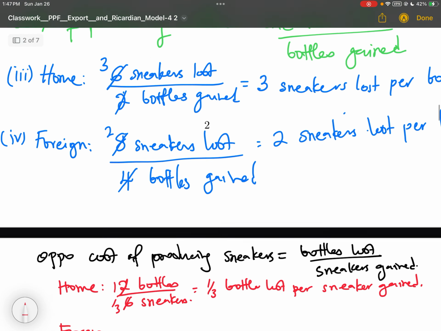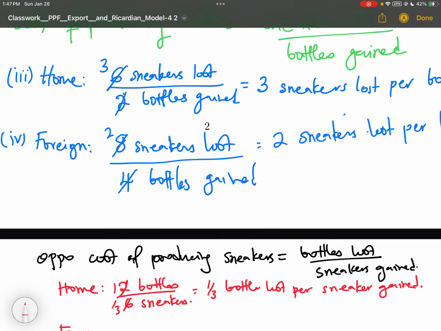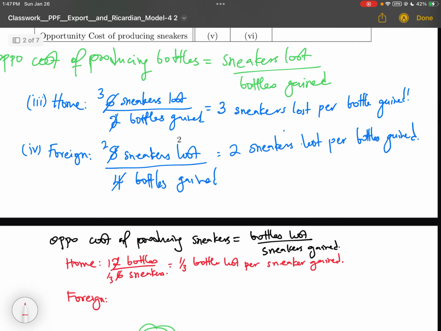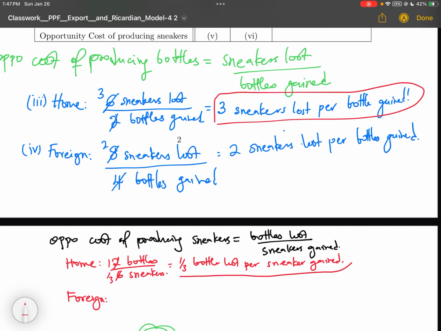Okay, let's pause here and look at what we calculated earlier for home. That gave us the opportunity cost of producing bottles. And here we have the opportunity cost of producing sneakers. Do you see a link? Yeah.